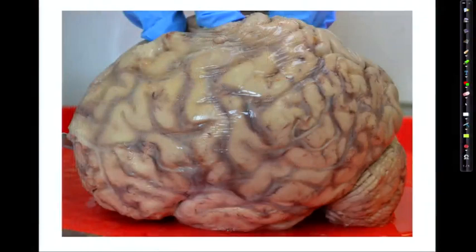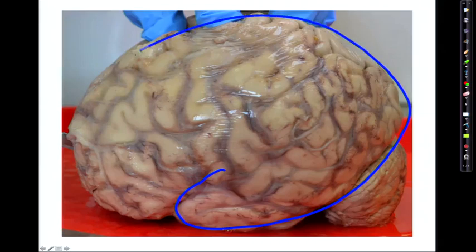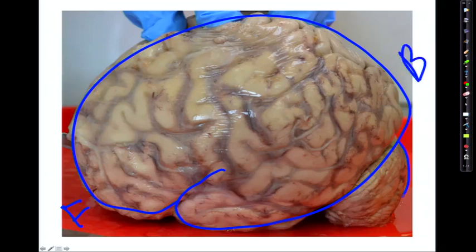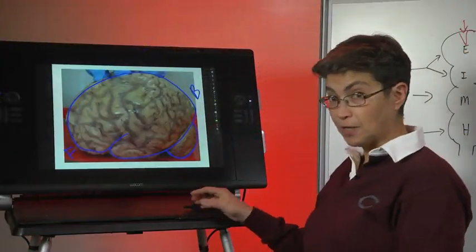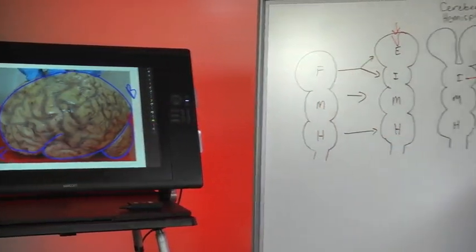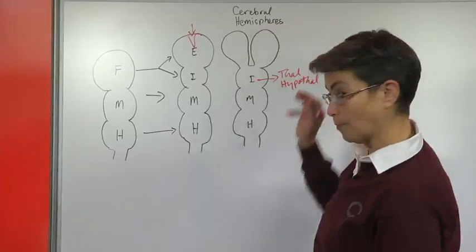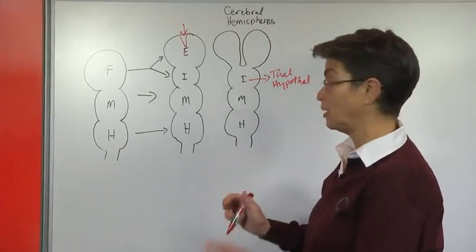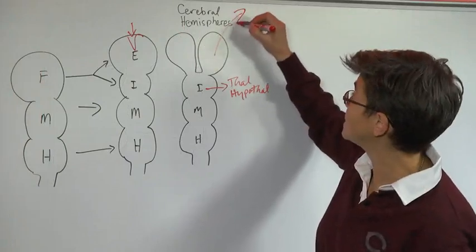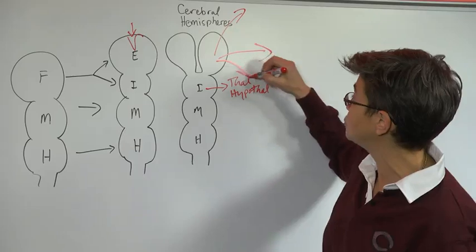If we look at the brain from the side, here's the forebrain, this is the front, this is the back, this is the hindbrain, the cerebellum. You can't see anything but the cerebral hemispheres. That's because, if we go back to the board, this, which remained very small in an animal like the alligator, has expanded in every possible direction.